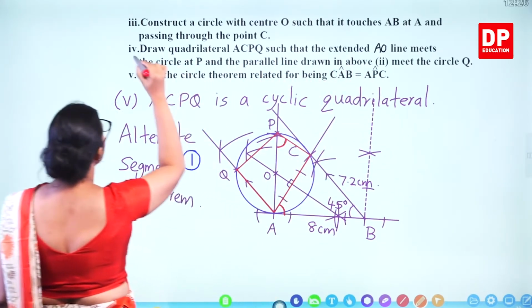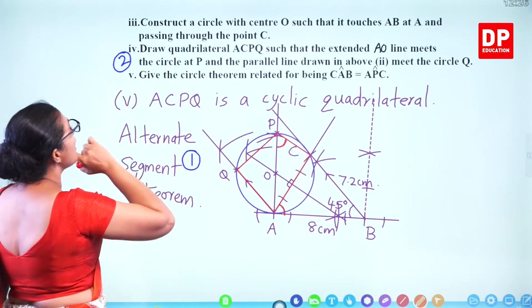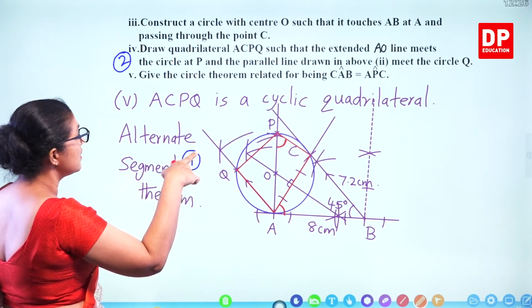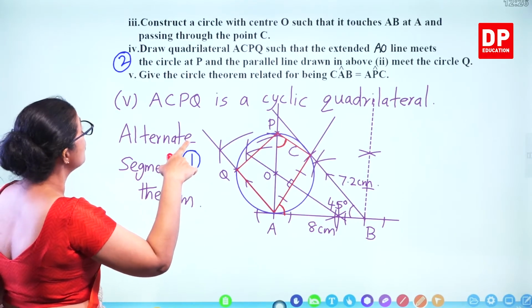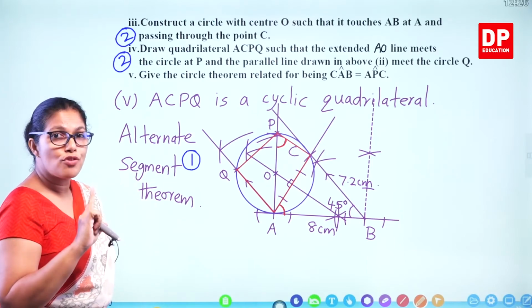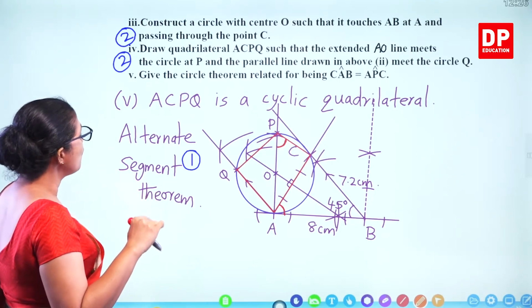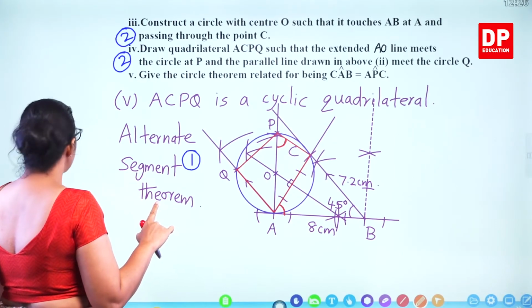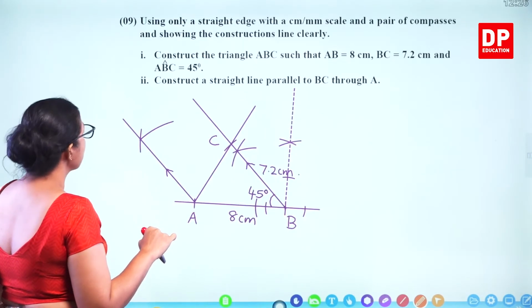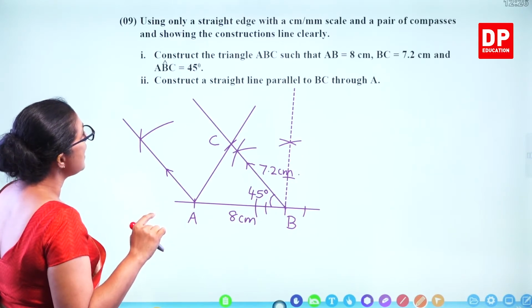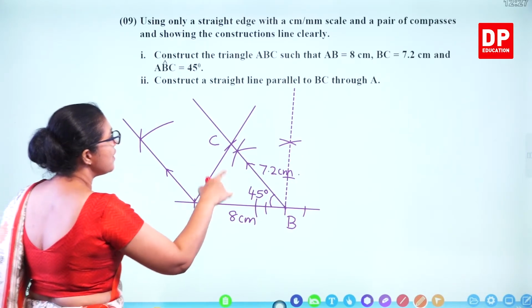That's part 4. And constructing the circle, you get 2 marks because you need to draw the perpendicular bisector. So 5 marks altogether for these 3. And constructing the triangle ABC, you get 3 marks.